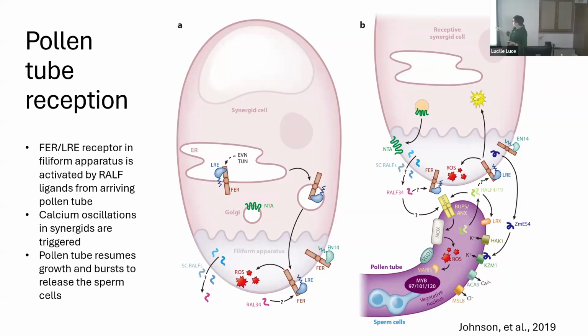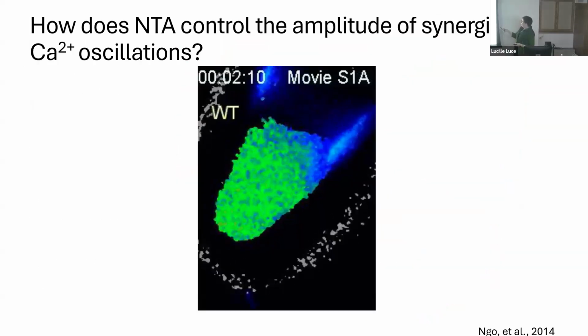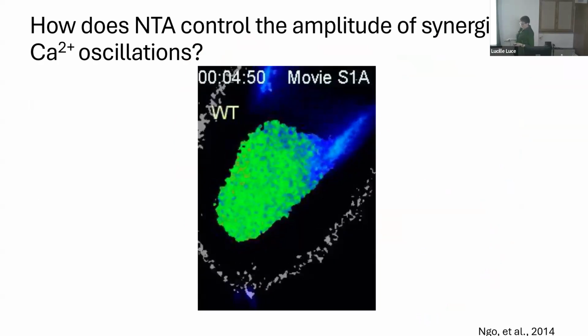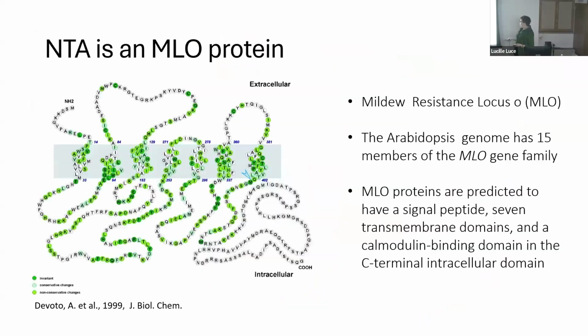This co-receptor then triggers a signal transduction cascade, which leads to calcium oscillations in the synergid. And then I'm going to talk a little bit more about this Nordia, NTA, and what happens to it during this process.